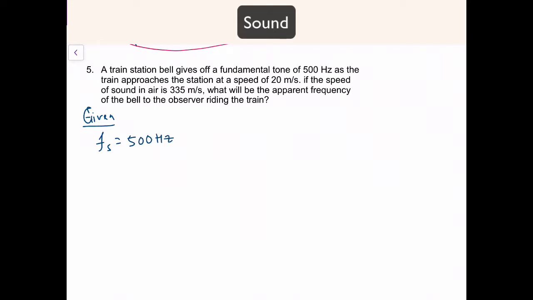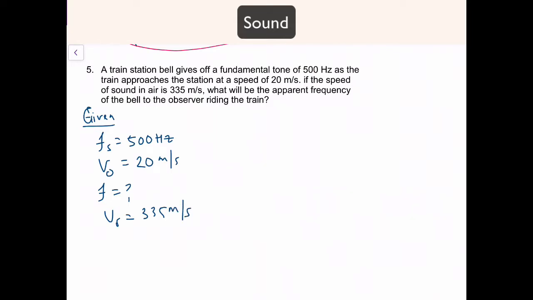As the train approaches the station, so the velocity of the train, that means the observer is now moving, a moving observer, which is 20 meters per second, because the person who's riding the train, how much frequency will he hear if v, the speed of sound, is 335 meters per second.